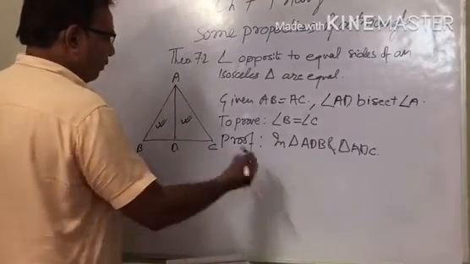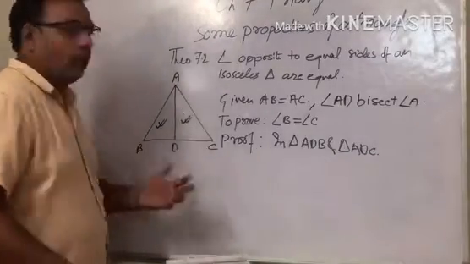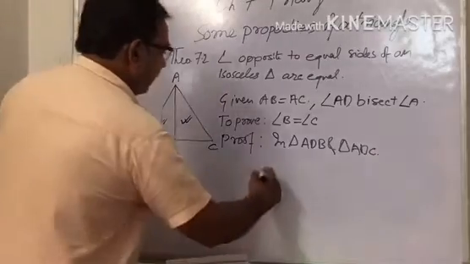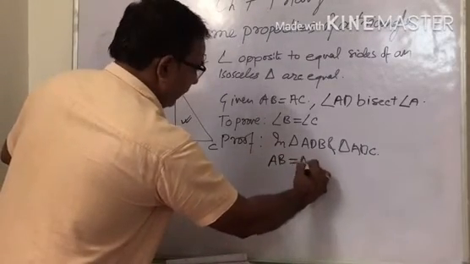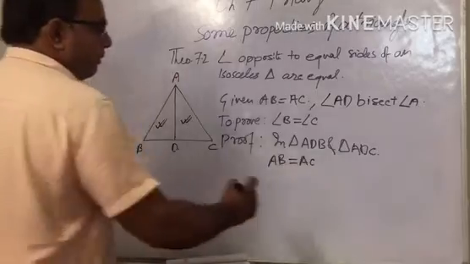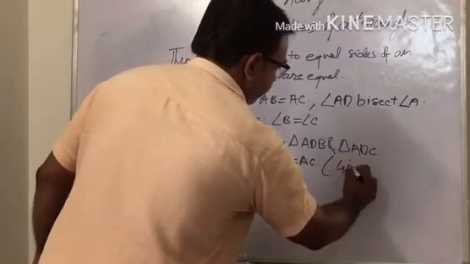So we have to prove these two triangles congruent. Now we can use AB is equal to AC. This is given.